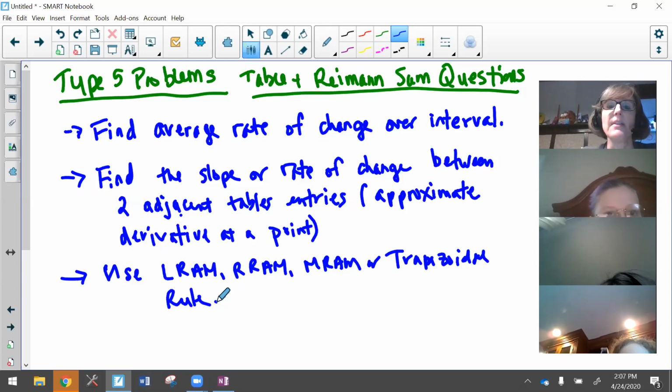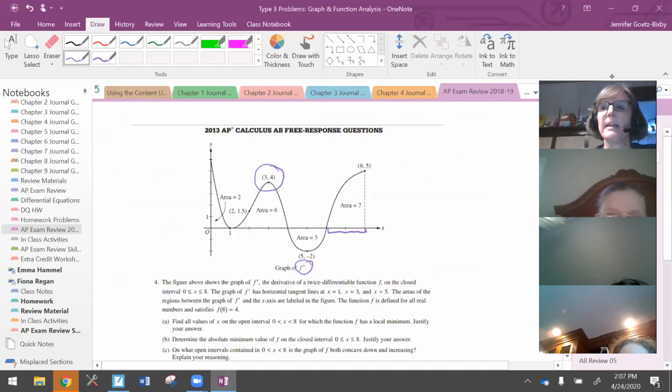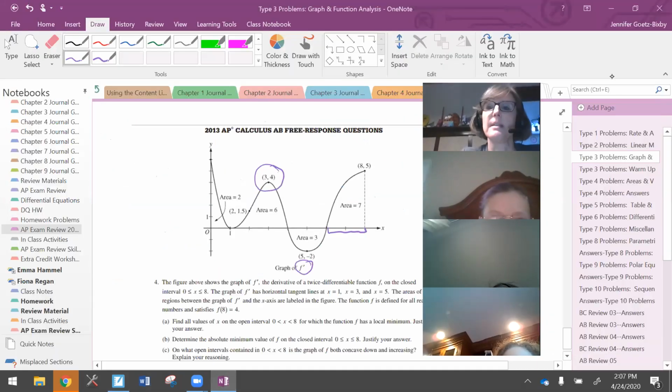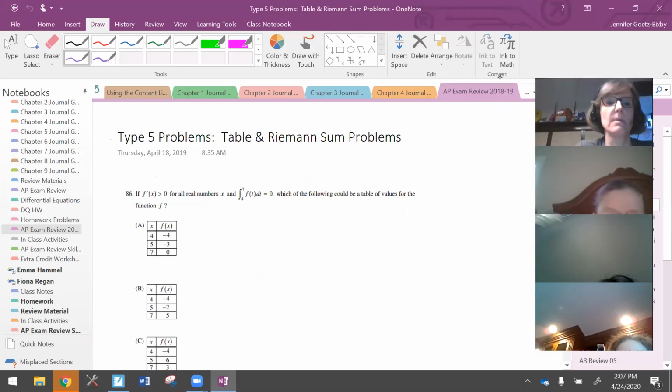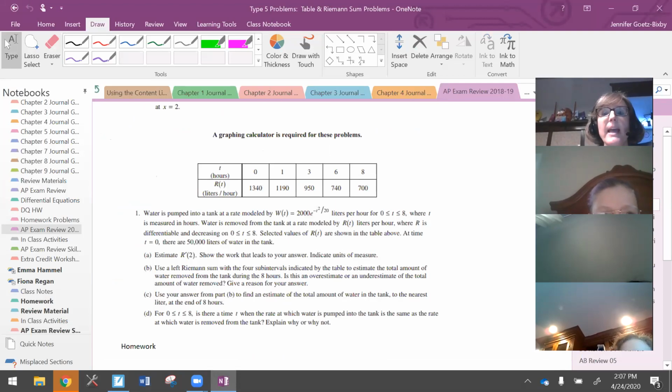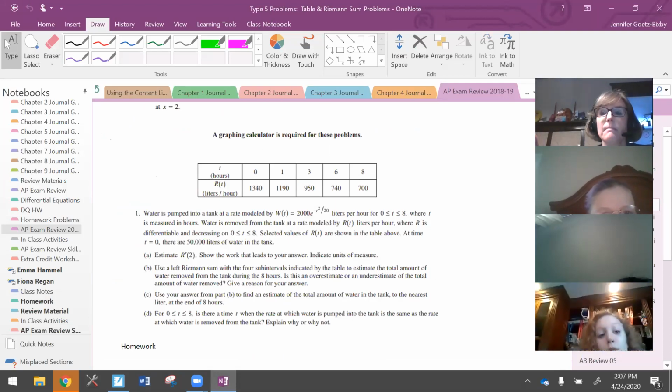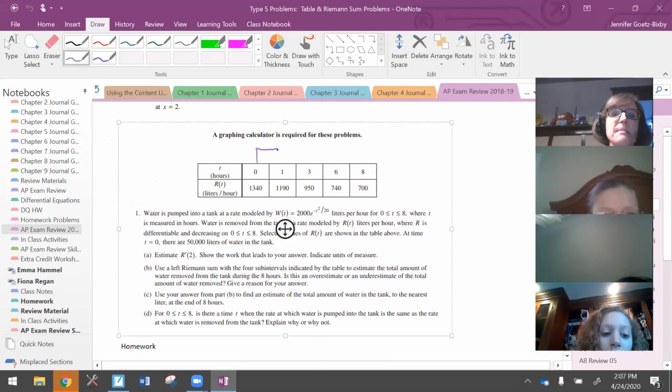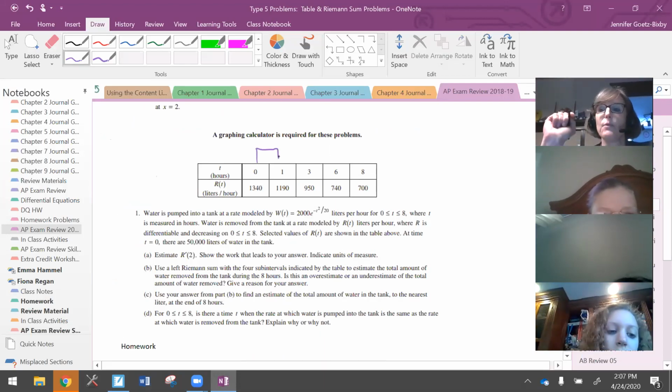But remember that it depends on, let me see what's here. If we go down here for a minute to the type 5 problems. Here, if you're going to use LRAM, this is going to be my interval. It has a width of 1.